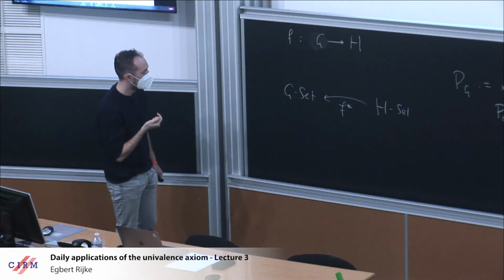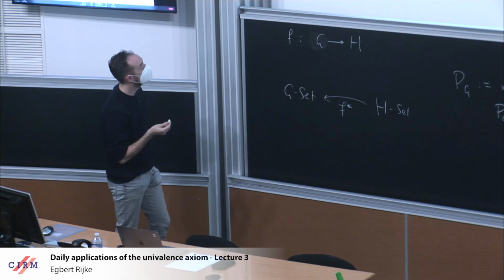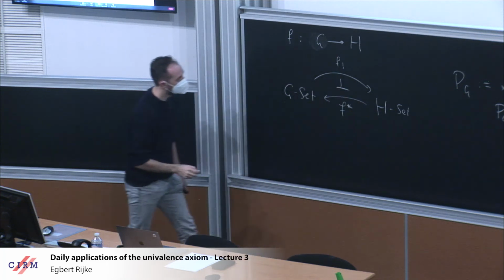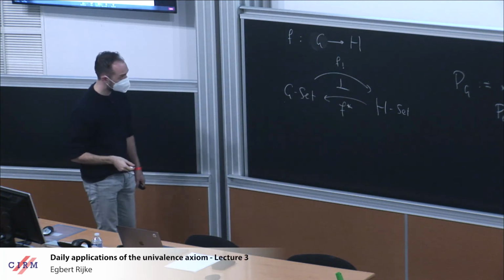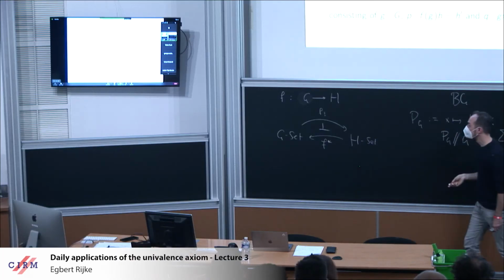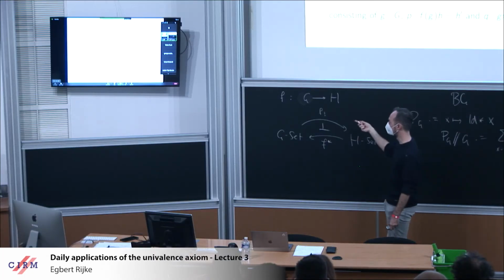That's the usual direction. But now what we're looking for is to construct a left adjoint of that substitution, or of this pullback. And this left adjoint is going to help us to deloop the group homomorphism.